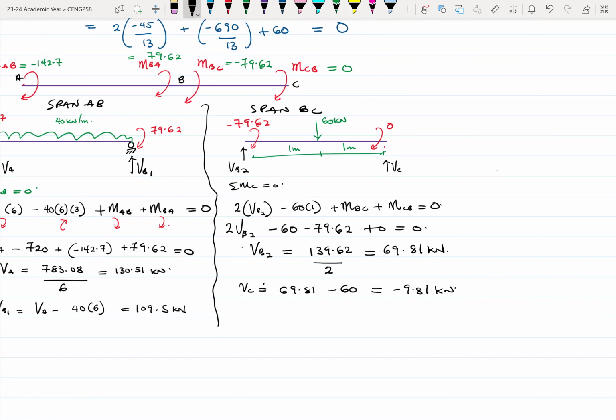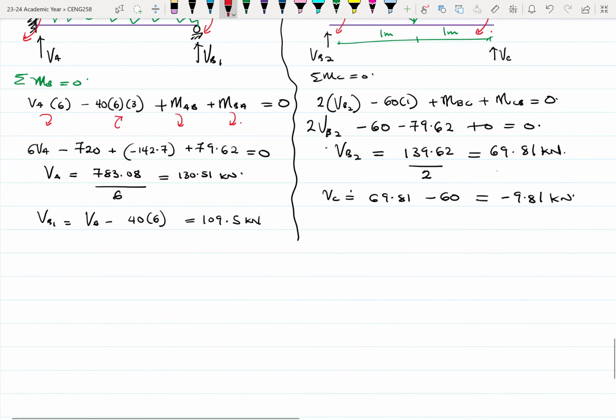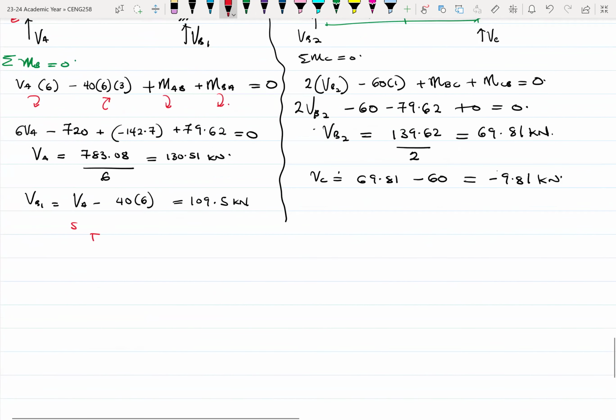Once we have this, we can easily draw our shear force diagrams and bending moment diagrams. For the shear force diagrams, I don't know what is happening.